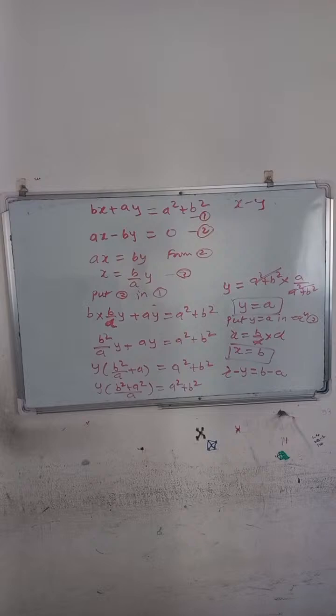Now write down one more question. If 2x plus 3y is equal to 0 and 4x minus 3y is equal to 0, then find the value of x plus y.